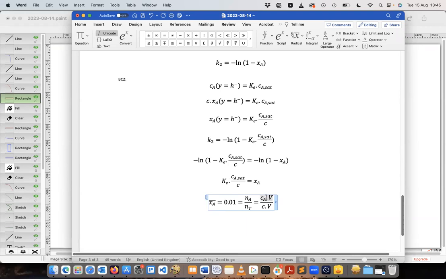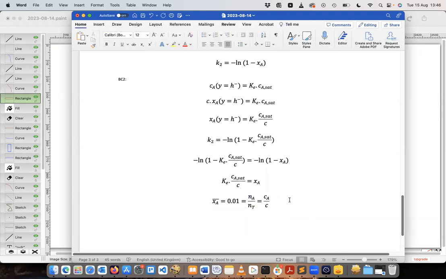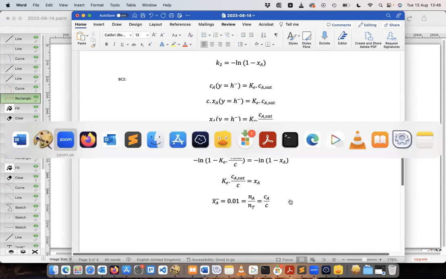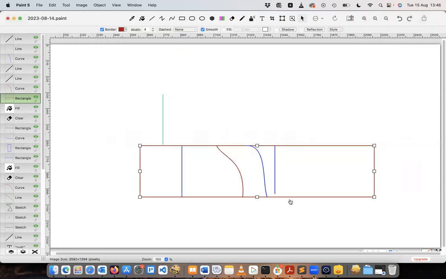So we can see that Ca over C, right? That's the ratio that we are looking for. We want to say that it is 0.01. So the way to estimate the number of moles of A in the concrete is to integrate the number of moles if we look vertically through the slab.